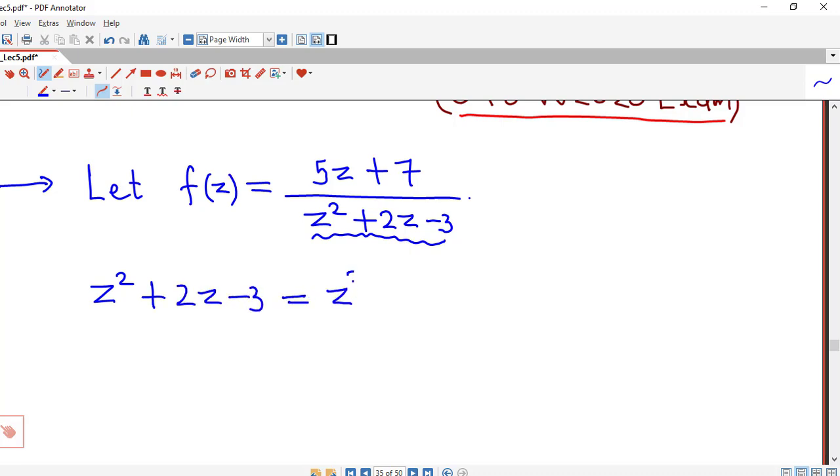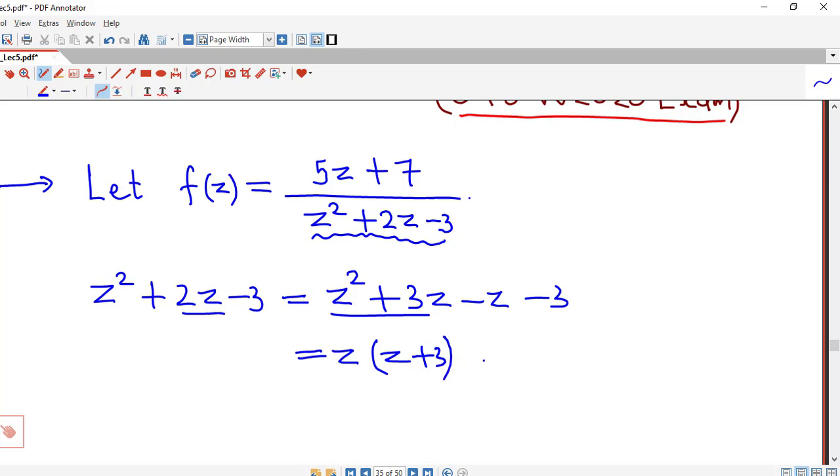So here we can rewrite this 2z as 3z minus z, and we will obtain these two factors. Here we can take z common, so we have z plus 3. Here we can take minus 1 common, and again we can take z plus 3 common, so we have two linear factors z plus 3 and z minus 1.